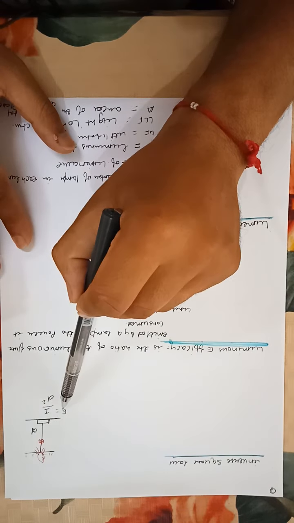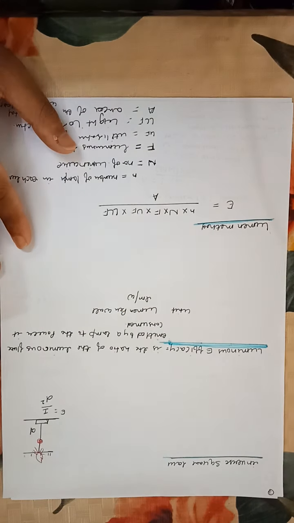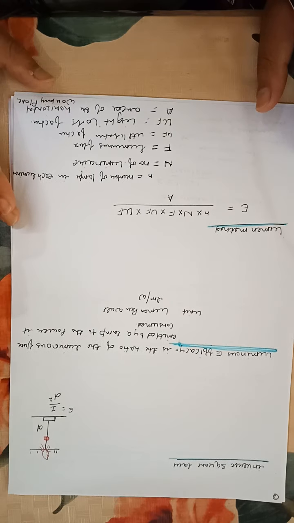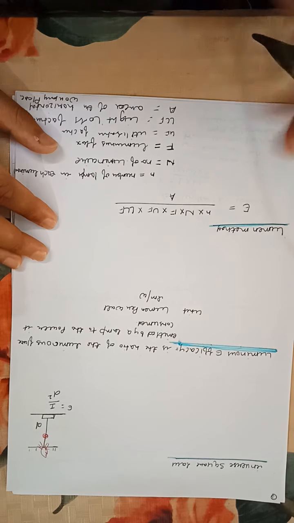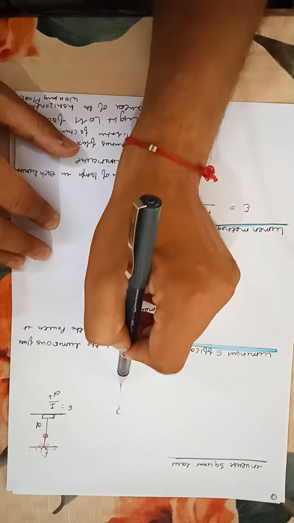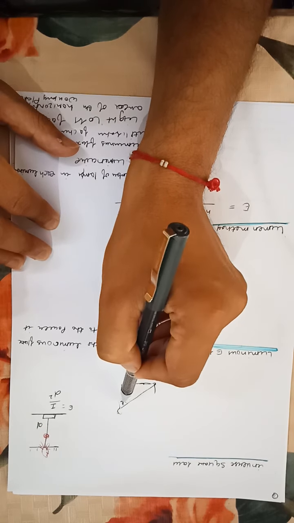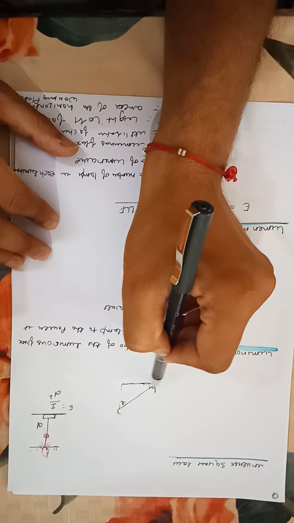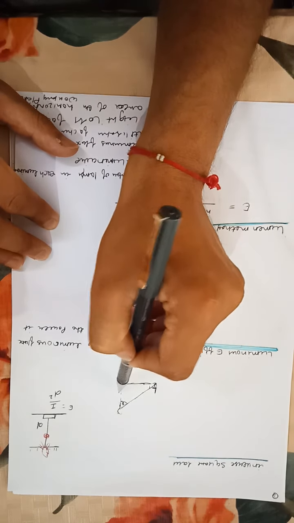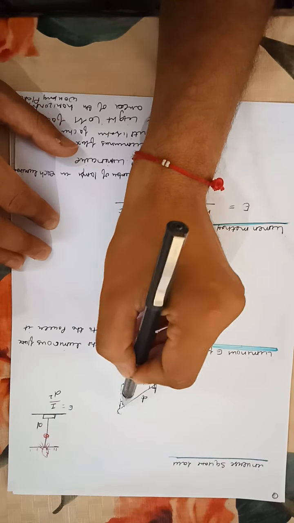So we have done this inverse square law: d is the distance, then E is equal to I by d square. If the cos theta is involved, then this will go like this, theta, and this will be the distance.